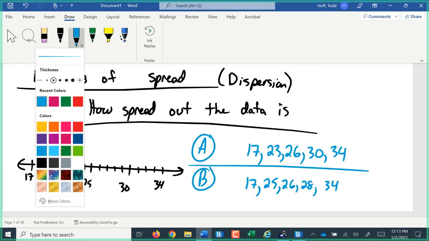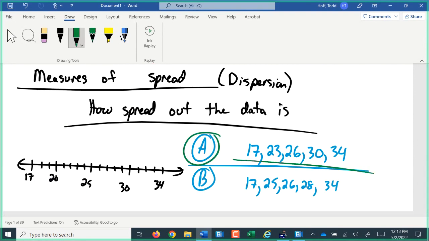I am going to do set A in green. I'll put a set of green dots on there. I'll put a dot above the 17, 23, 26, 30, and 34. Those are relatively spread out, kind of even across my number line.